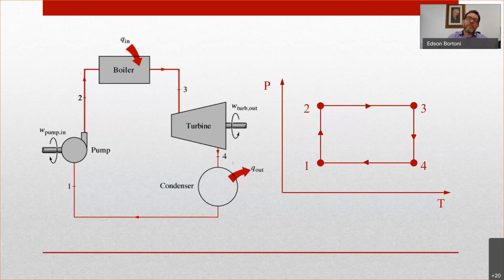Then you pass through a condenser, which is a heat exchanger. You exchange heat with nature and the water returns to the liquid status. And we are back to point one. So this is the Rankine cycle, where the fluid is water.